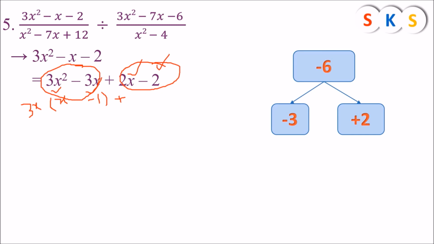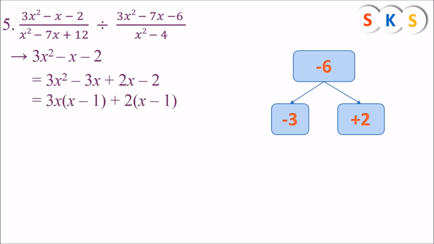So if I take 2 as common, in the bracket we will get x minus 1. Okay, this way we are going to simplify further. So we'll get this, right? Now what is common in both the groups? x minus 1. Okay, and uncommon is 3x plus 2. So the factorization of 3x square minus x minus 2 is 3x plus 2 into x minus 1.